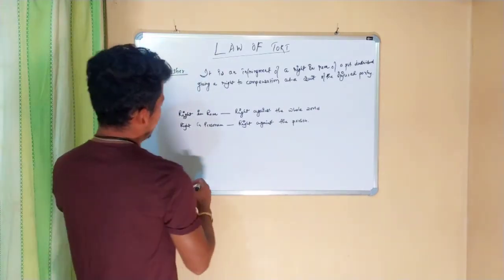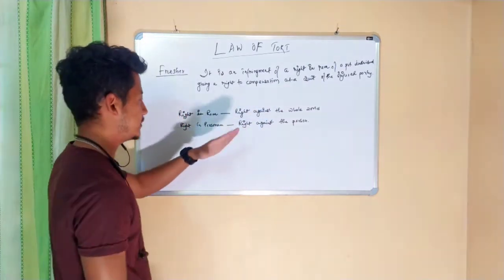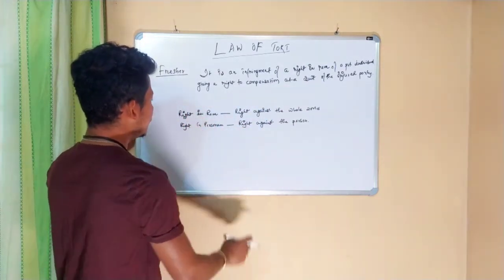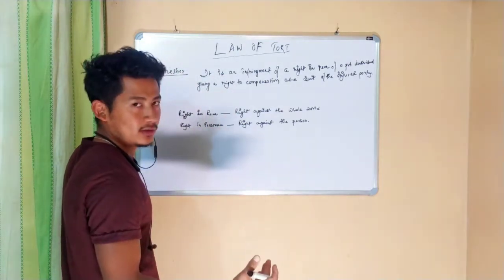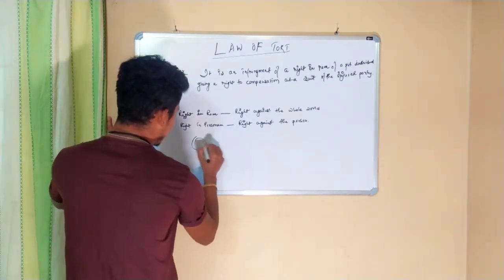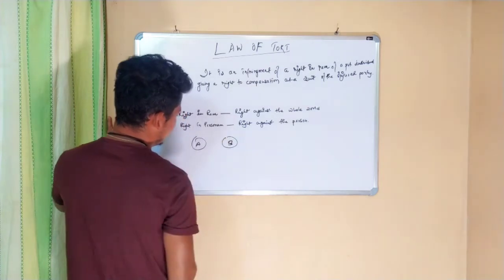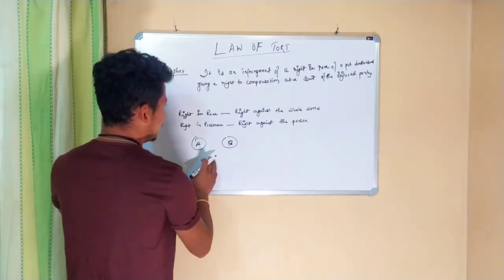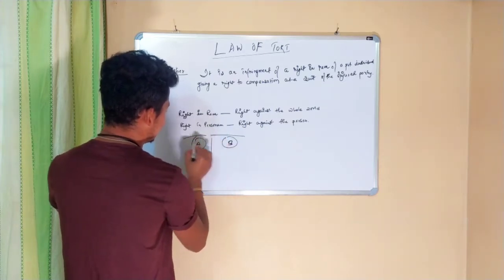In case of the right in rem, it is against the whole world. Let's take the example. There are two persons, A and B, and they have separate residences.